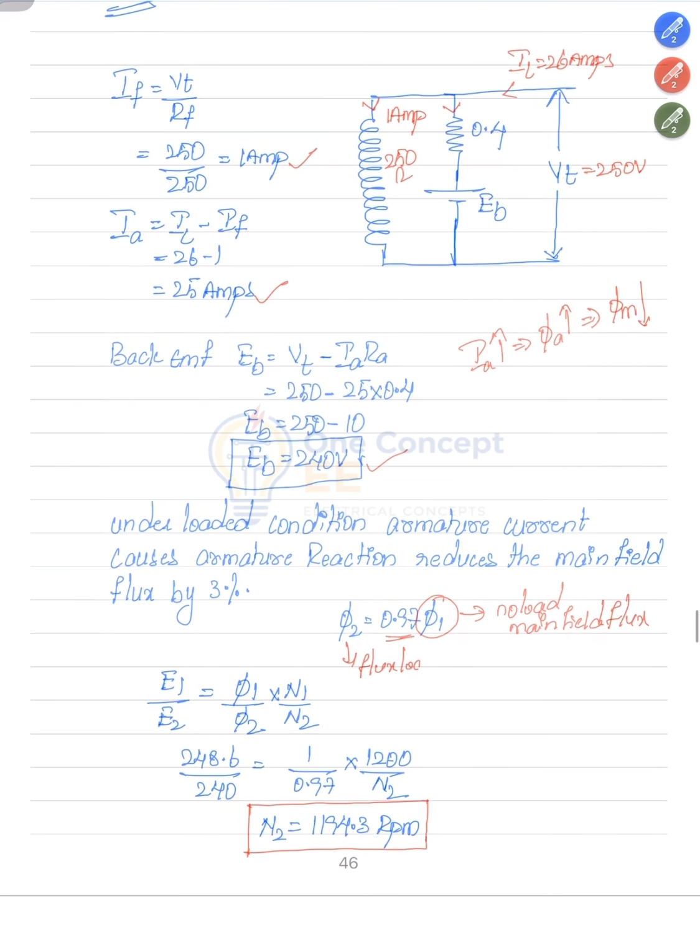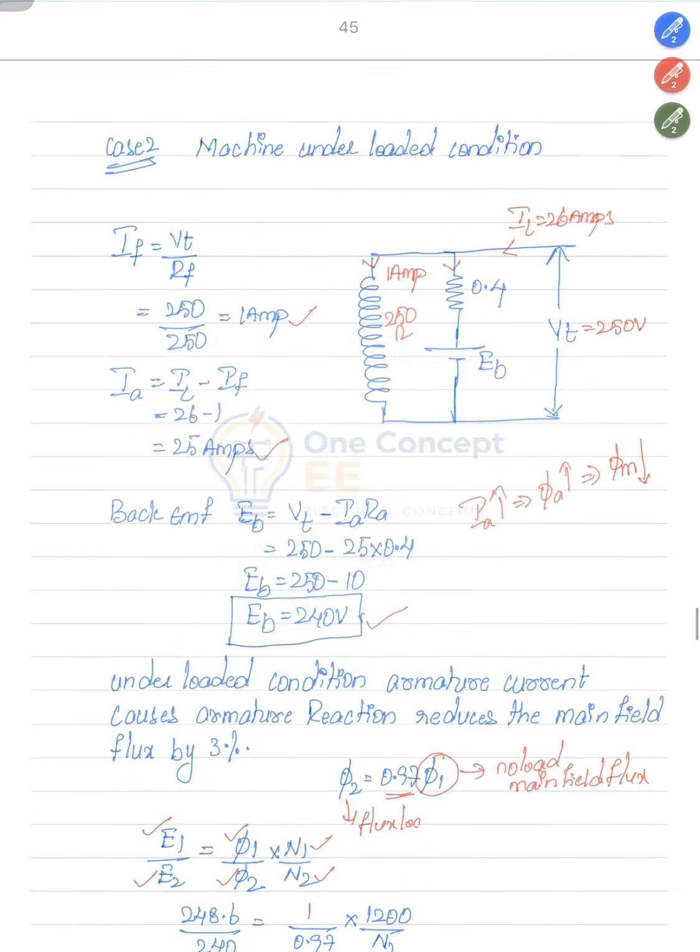E1 is the EMF under no load condition, E2 is the EMF under loaded condition, phi 1 is the main field flux per pole under no load condition, phi 2 is the main field flux per pole under full load condition, and N1 is the speed of the motor under no load, N2 is the speed of the motor under load condition. By substituting the above values, we can find the speed of the motor under full load condition is 1194.3 rpm.